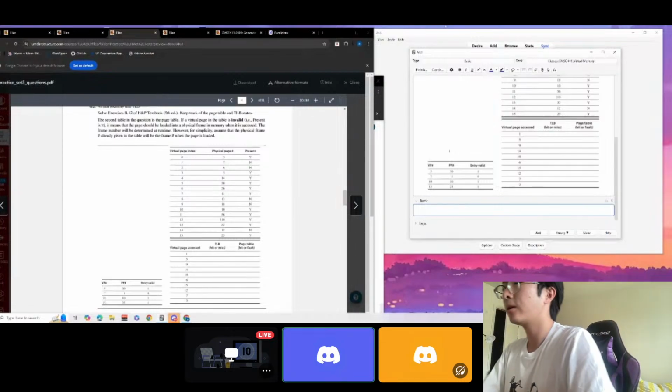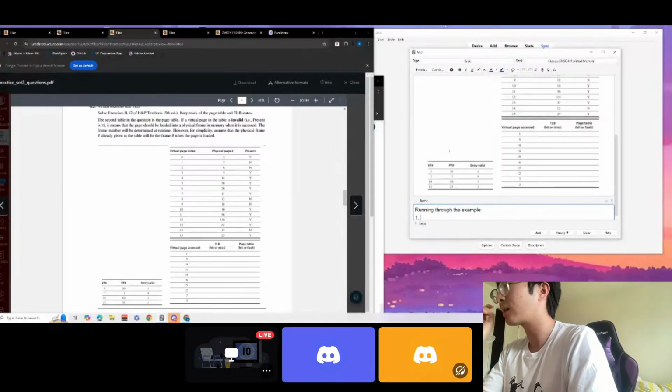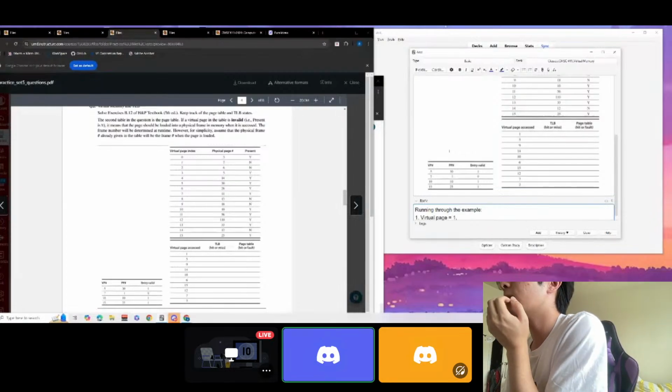So running through the sample, we have virtual page accessed, VPN virtual page equal to 1. So TLB, it is going to be a miss.